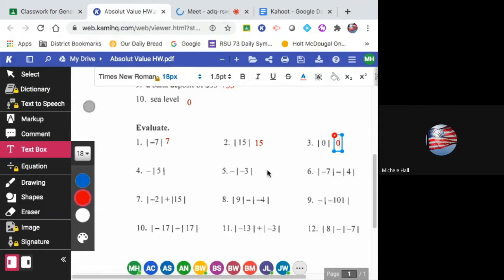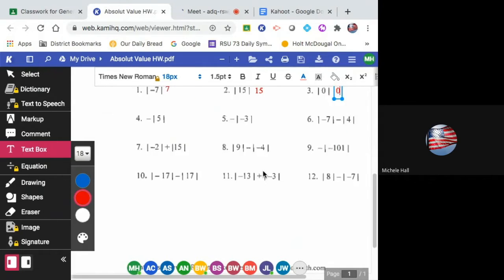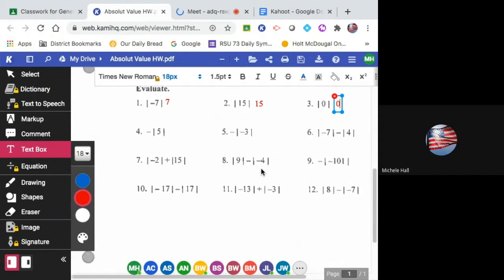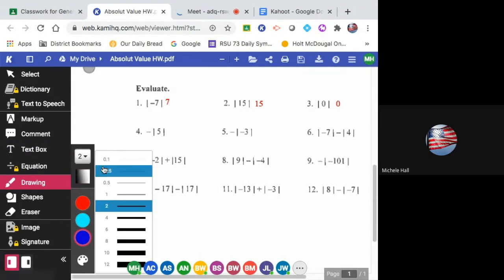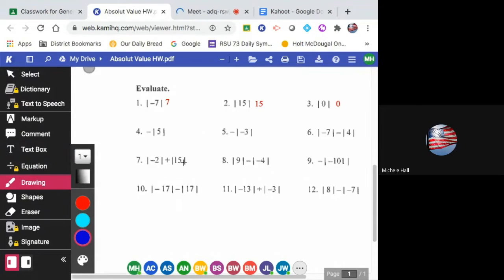Now they're going to start to get a little bit trickier. If we look at number 5 on the bottom, it says the negative absolute value of -3. The very first thing that you want to do is look at just this part right here.